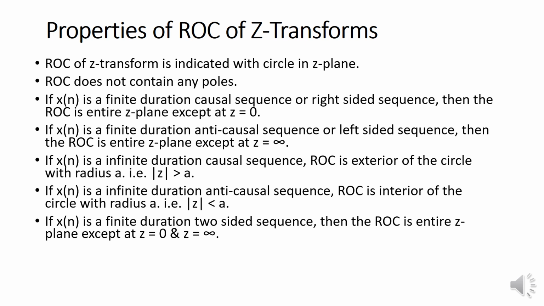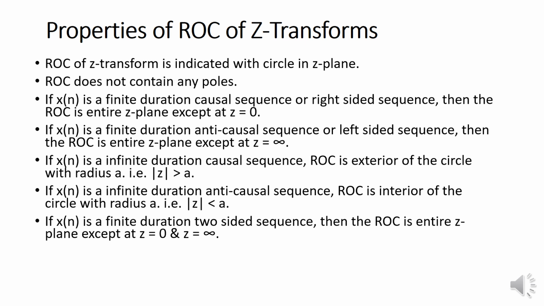Then if x[n] is finite duration and two-sided, that means x[n] will exist for n negative and positive, with or without 0. There can be a value at 0 or there won't be, but x[n] will be there for n both negative and positive.